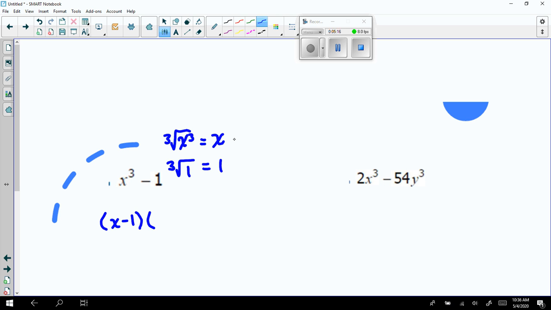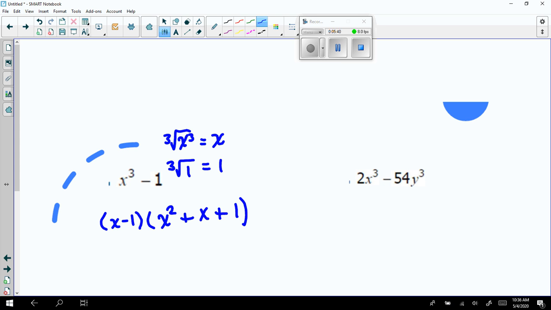Then my first term is this squared, so x squared. And then this is going to be the opposite of this term right here, so that's going to be plus x, or 1x. And then I always add the last term, which is the square of that, and that's 1.